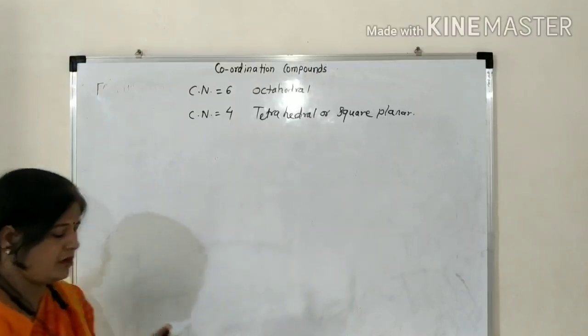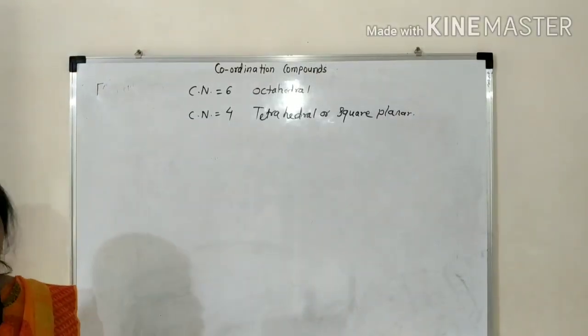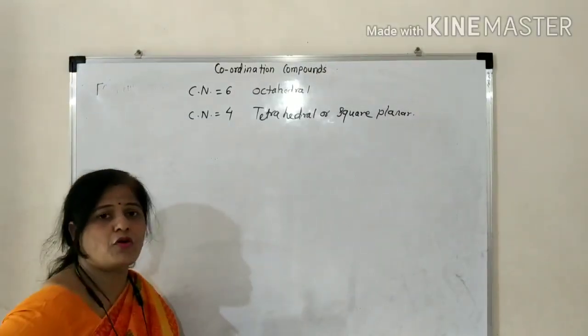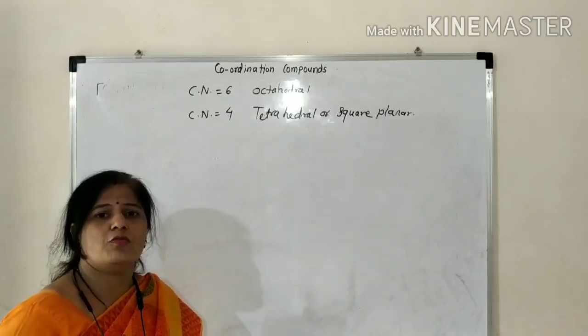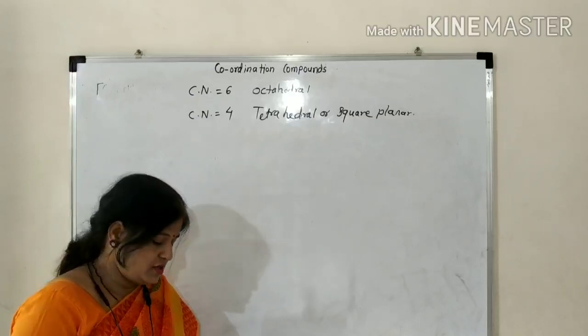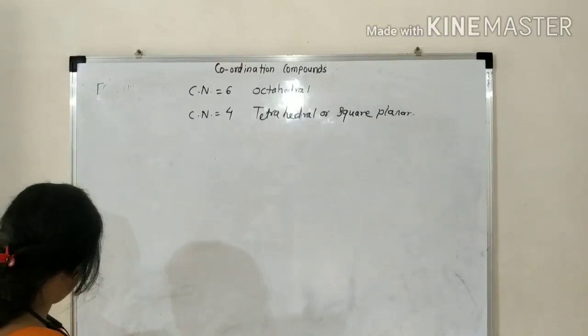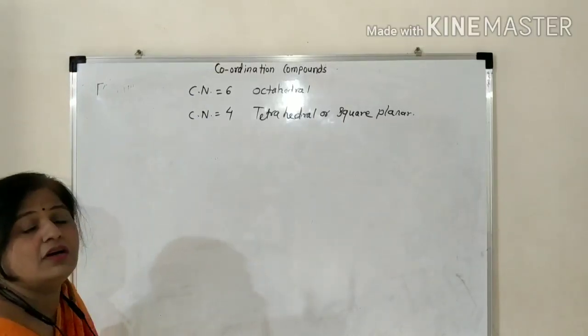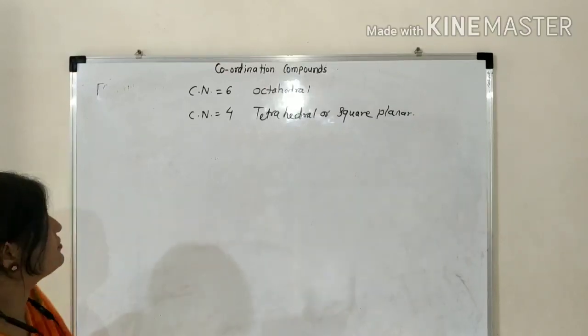Okay. Now we are going to see the classification of coordination complexes. Coordination complexes are classified on the basis of charge and types of ligands. First we have to see the classification on the basis of types of ligands.